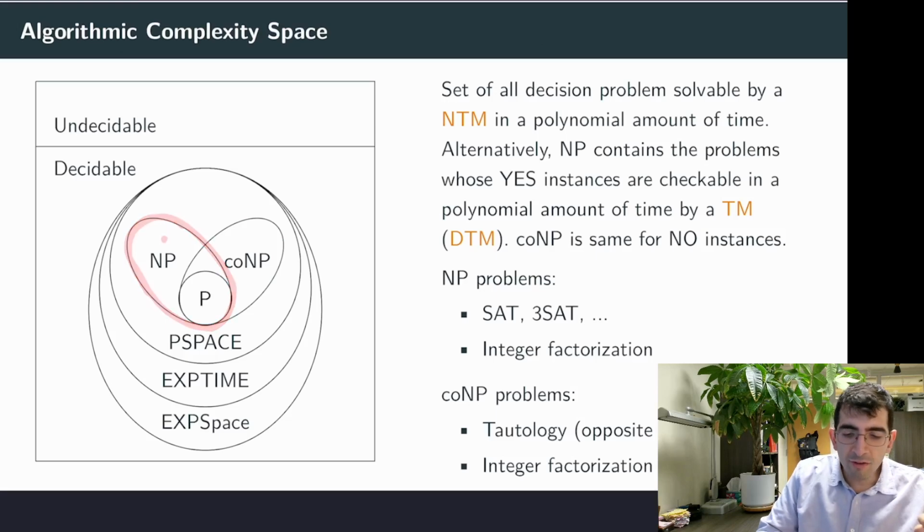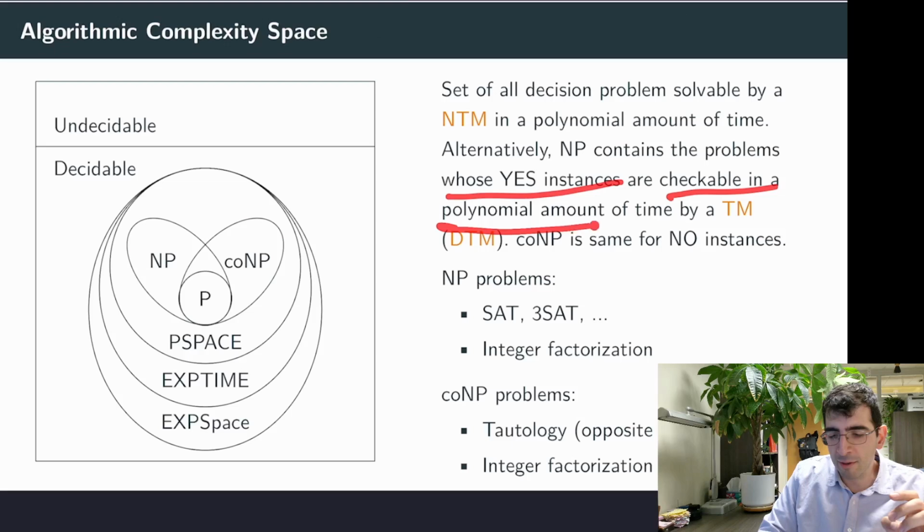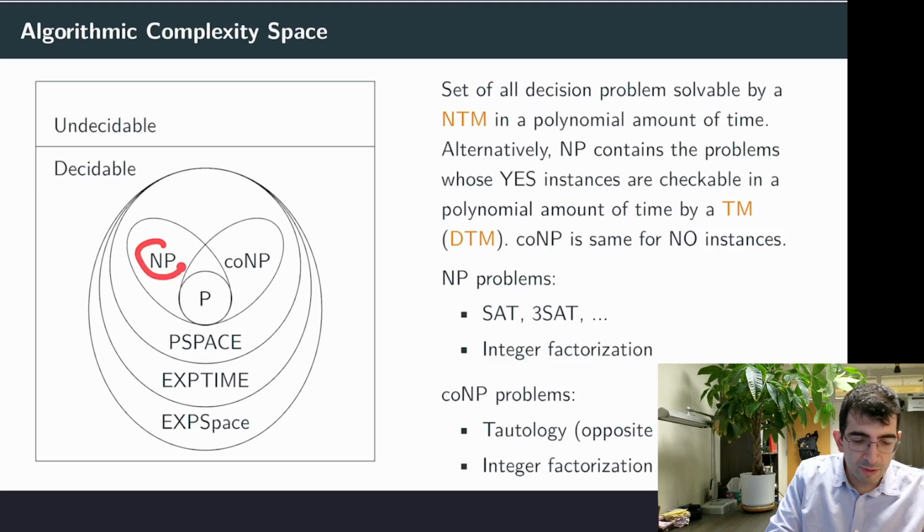An alternate definition for this, which we'll discuss in a moment, is that NP contains the problems whose yes instances are checkable in a polynomial amount of time by a deterministic Turing machine. So there is a difference between problems whose yes instances are checkable.